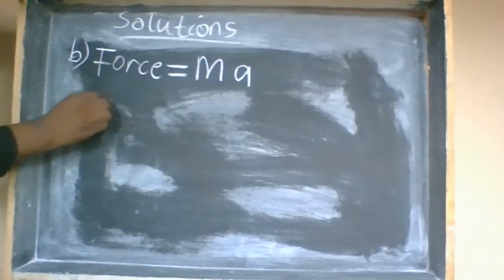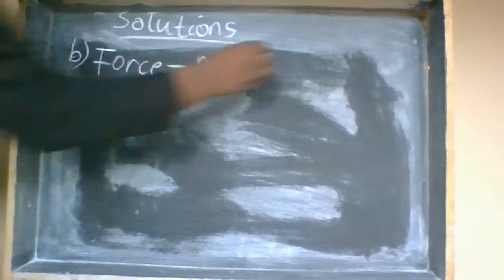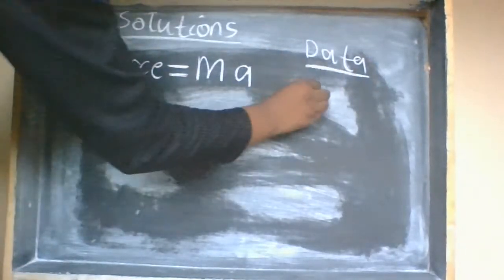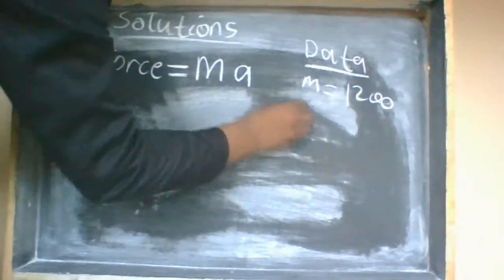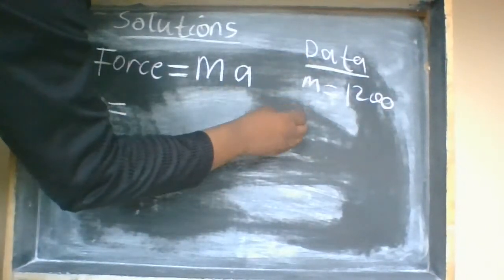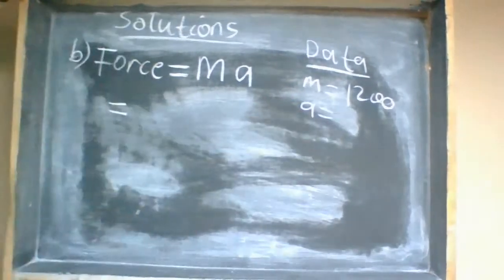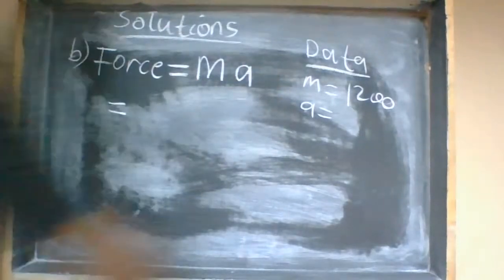Therefore, force equals mass times acceleration. Our mass, we were told, was 1,200 kg. Now in this case, we are going to use our deceleration to find our acceleration.